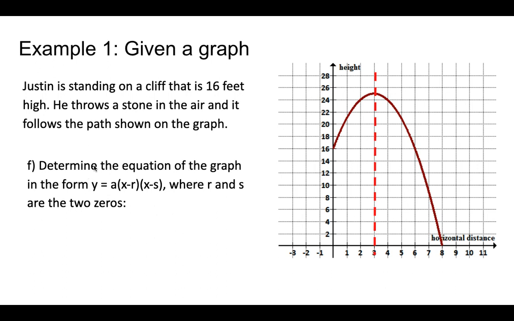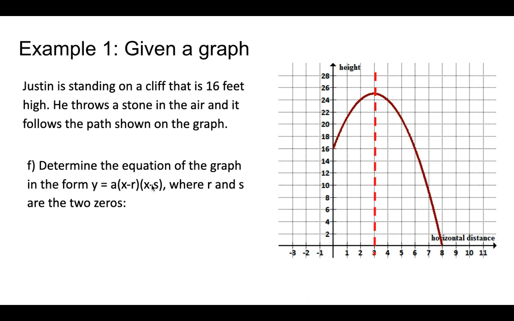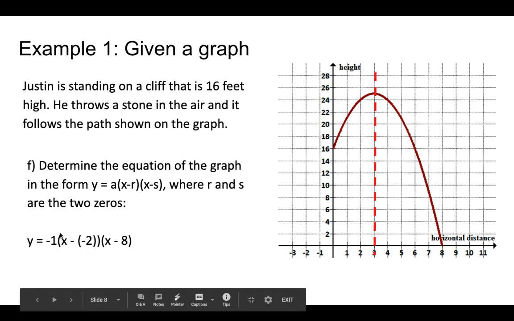Next, determine the equation of the graph in the form y equals a times (x minus r) times (x minus s). Remember, r and s are our two zeros. We just found our zeros: one is 8 and one is -2, so we're going to plop them in for r and s. Now for a, you might notice that it's a downward facing parabola, so a is going to be -1.